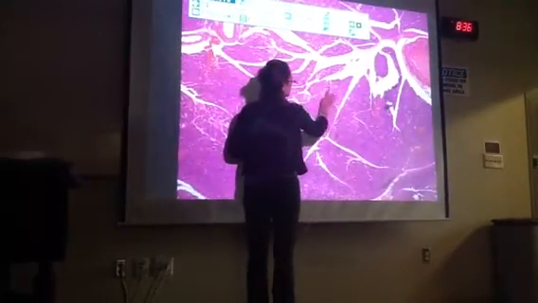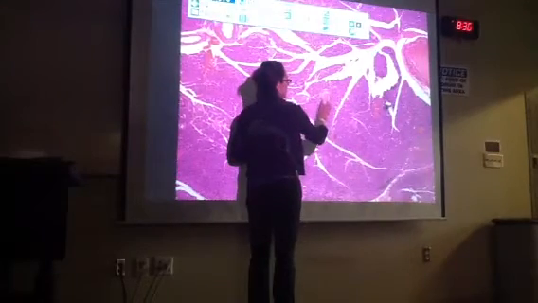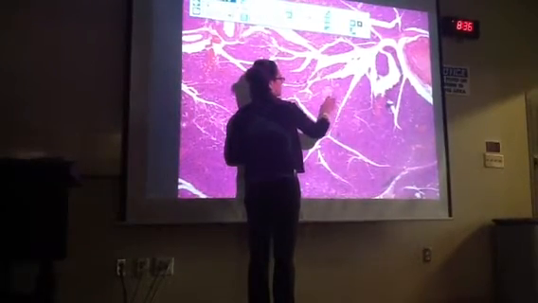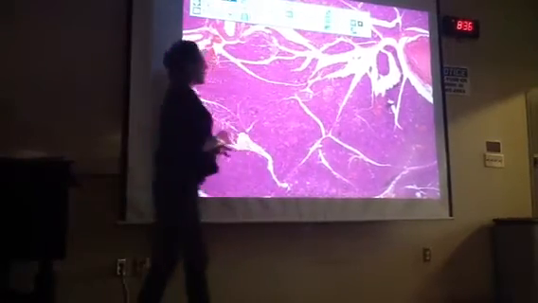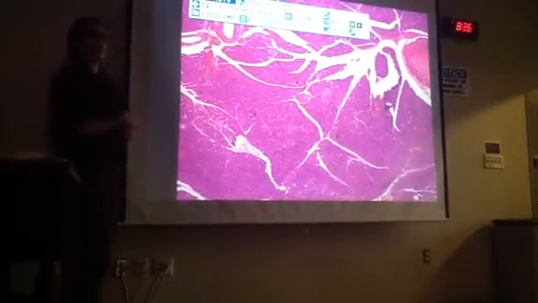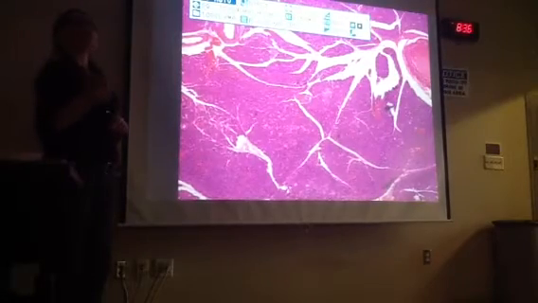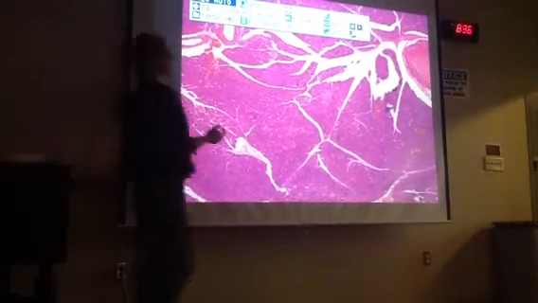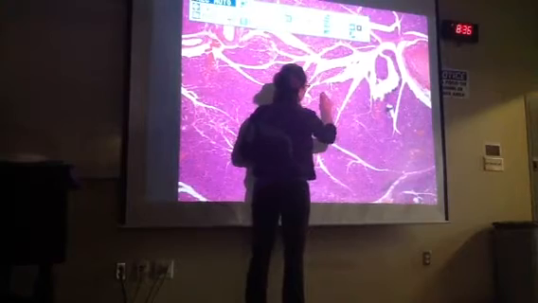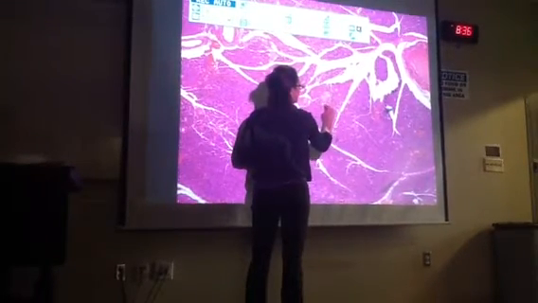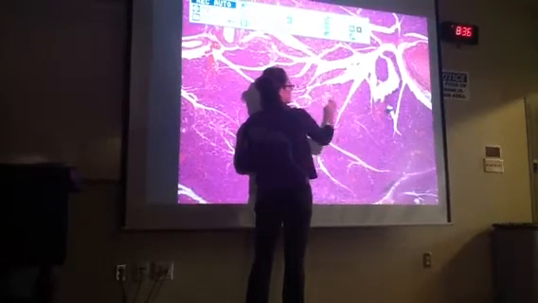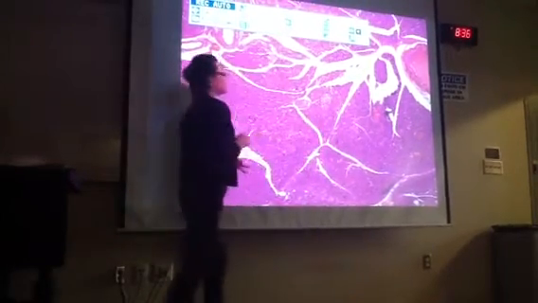So this group of cells right here, these are islets. This is an islet. In that group of cells would be alpha and beta cells. Alpha cells are making glucagon, beta cells are making insulin. You can see this islet here has a lot of white space in it, and those are just capillaries that are running through and around the islet.